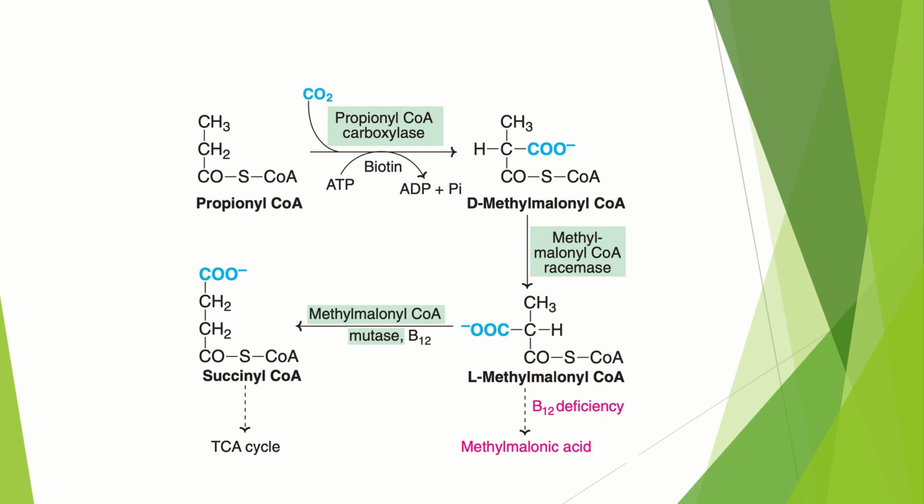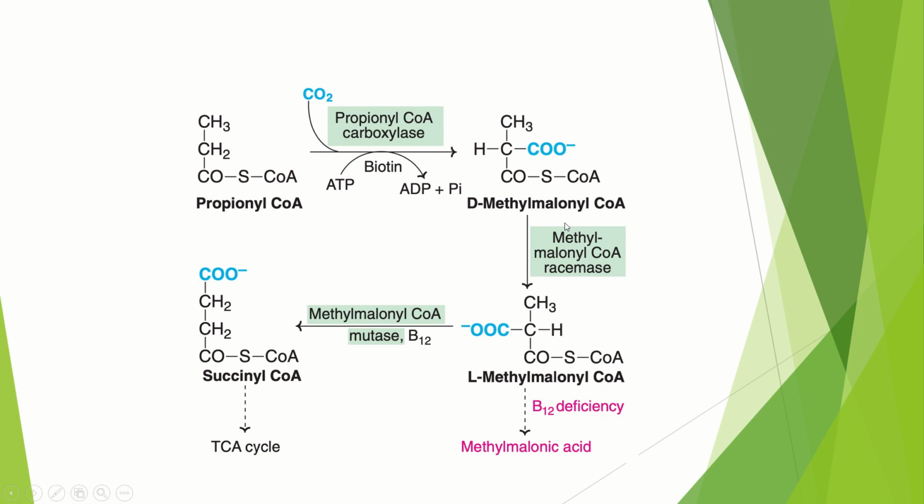So, this propionyl CoA is going to be carboxylated in the presence of ATP, CO2 and the vitamin biotin, and it will form the dextro form of methyl malonyl CoA.